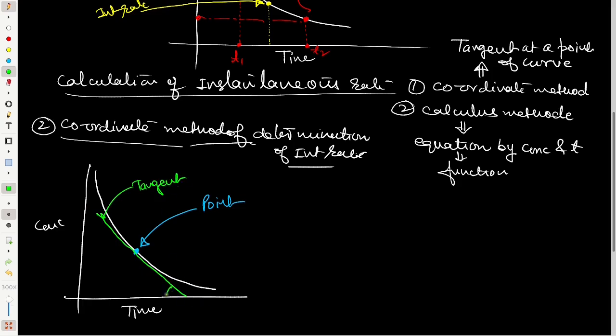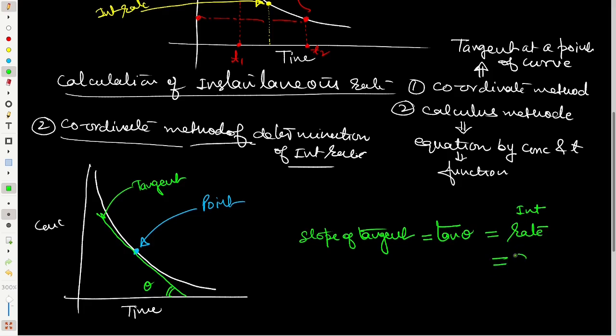Now this is the angle theta. We can say the slope of this tangent is equal to tan theta, and this slope will be equal to rate. And what type of rate?